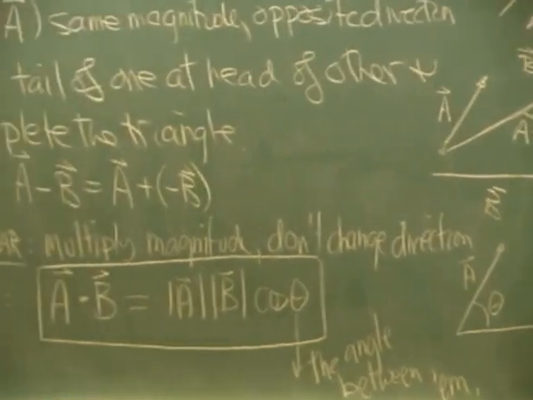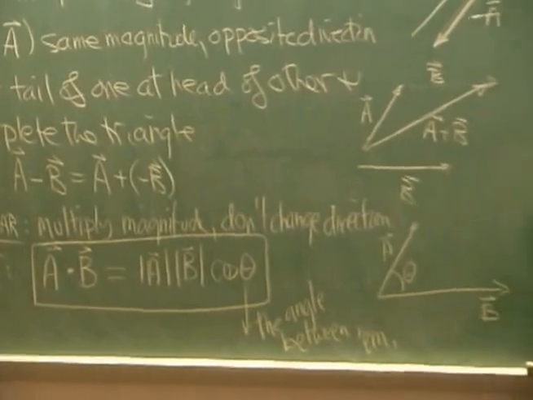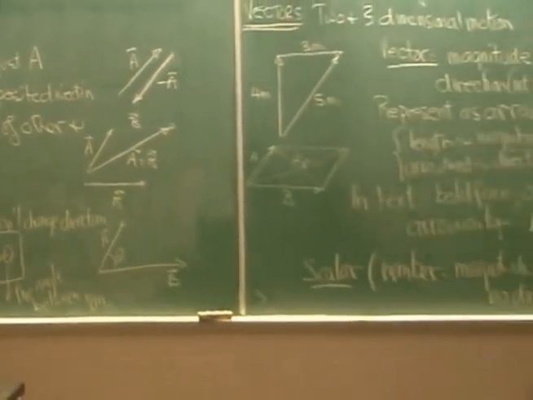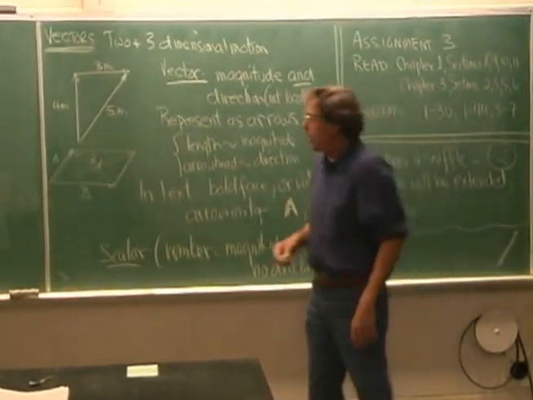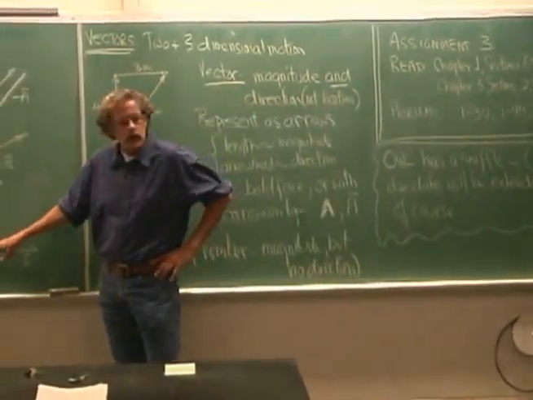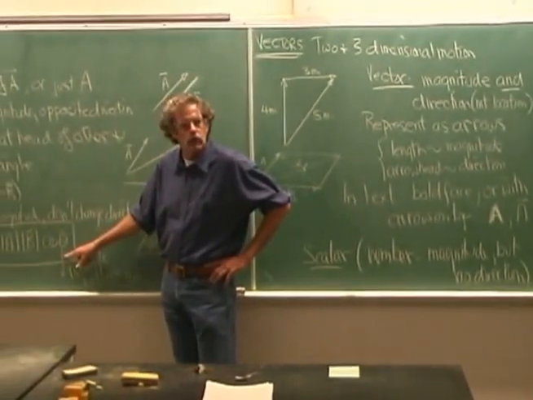Let me ask you a question. What if I took two vectors that are perpendicular and calculated the dot product of them? What would that be? 0. How come? Because if they're perpendicular, theta is 90 degrees. The cosine of 90 degrees is 0.